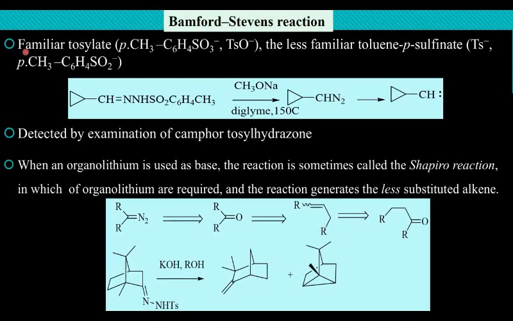The carbene nature of this intermediate was detected by the examination of camphor tosylhydrazone, which on heating with hydroxide, as given here, gives a mixture of camphene and tricyclene.